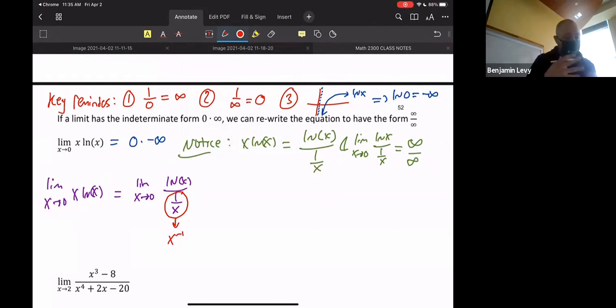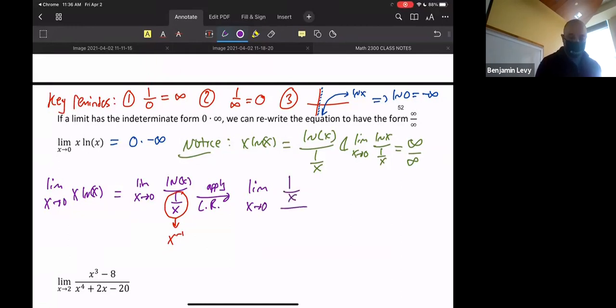So I'm going to apply L'Hopital's rule, just like we have in the past, which means differentiate. And so when we do d over dx, ln becomes 1 over x, right? That's the derivative of ln. And then x to the minus 1 becomes bring down the power, subtract 1 off the power.